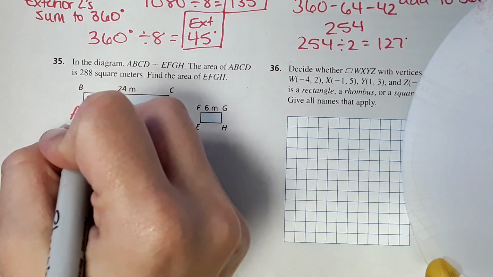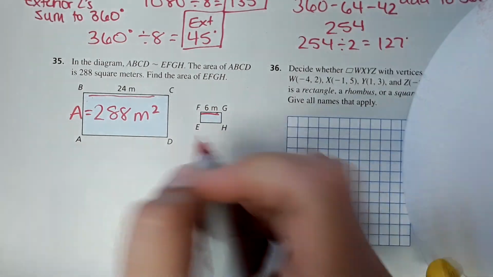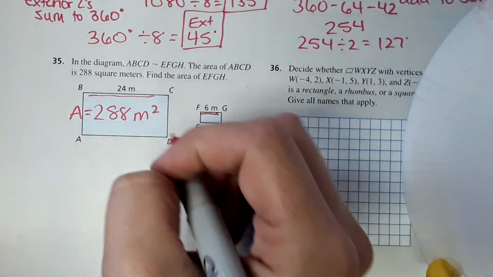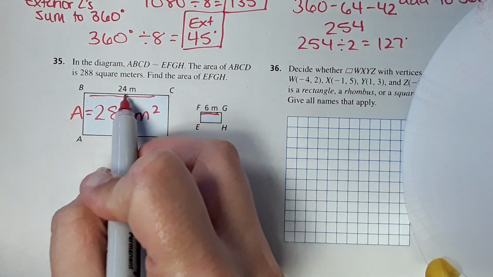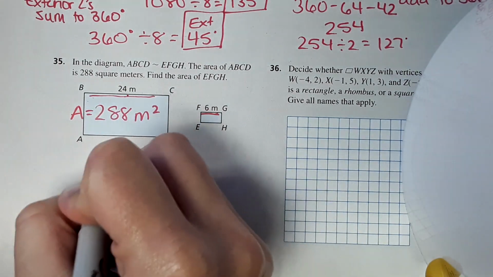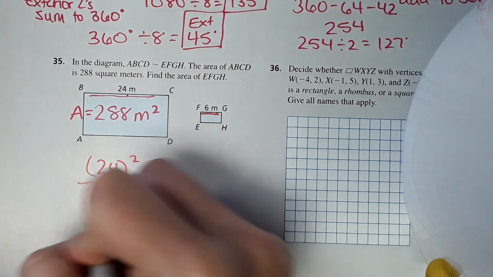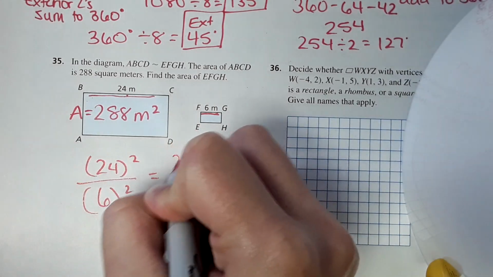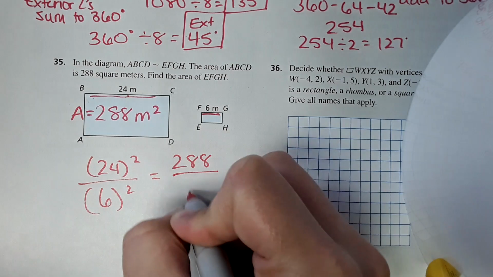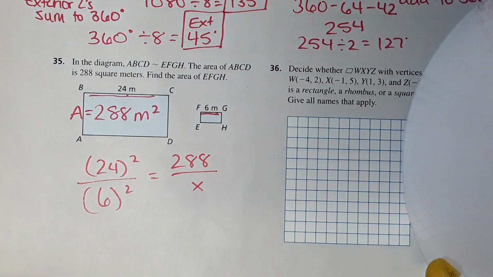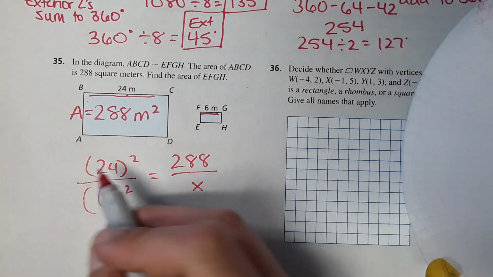Just like side length is proportional, area is proportional as well, but it's proportional in a different way. So if I take the side length, 24, and square it over the side length of this one, 6, and square it, that'll equal the area over the area of the little one. And you can solve for the area of the smaller one this way.